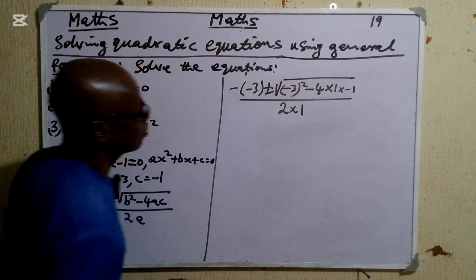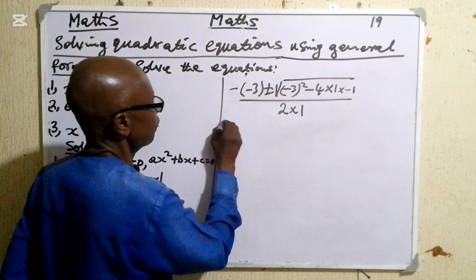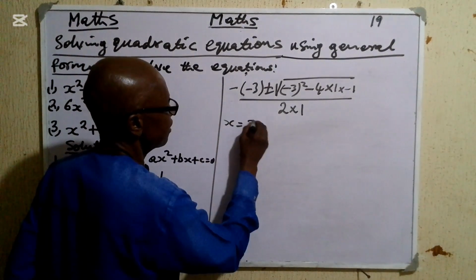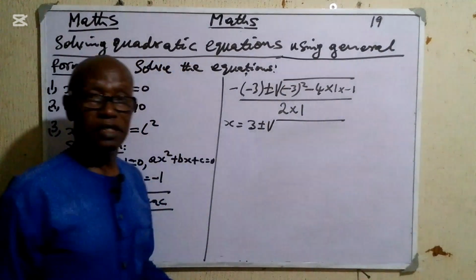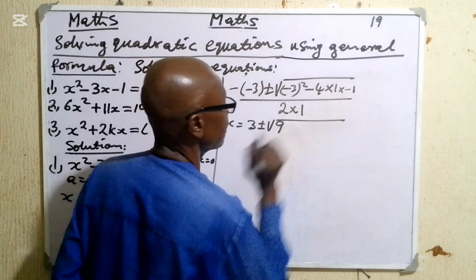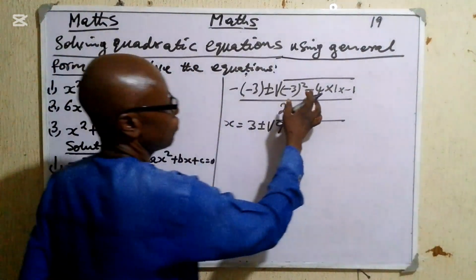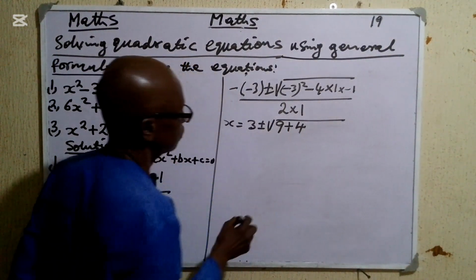In order to move on, we continue by simplifying. That will give us x equal to 3 plus or minus square root of minus 3 times minus 3 is 9, and minus times minus will give us a plus. So 4 times 1 times 1 will now give us plus 4.